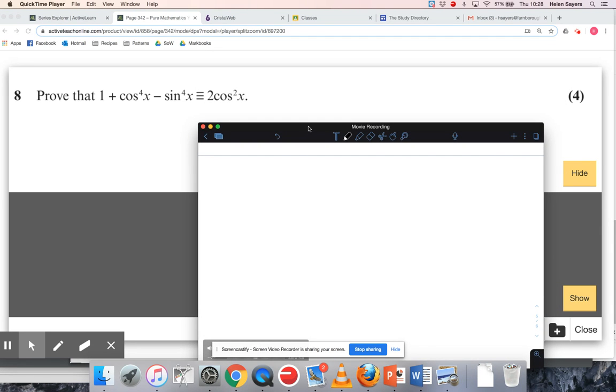is if you spot that you can actually factorize cos to the power of 4x minus sine to the power of 4 of x. Basically we've got the difference of two squares there, but our square term is actually a power of 4 term.